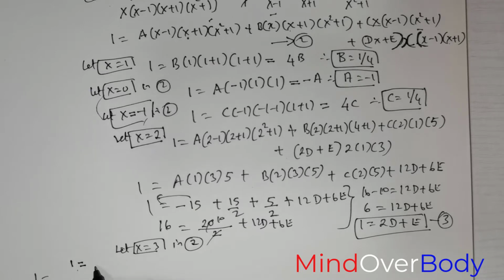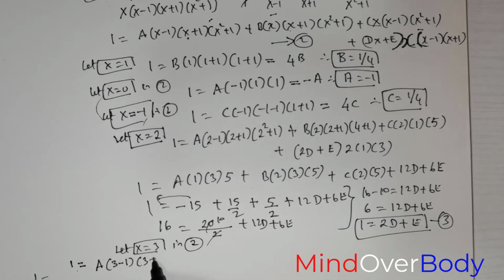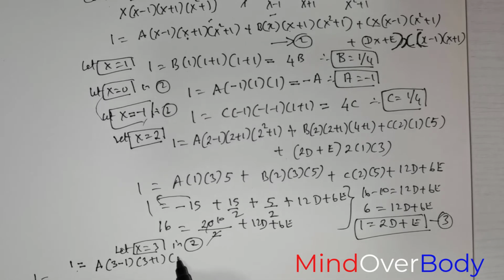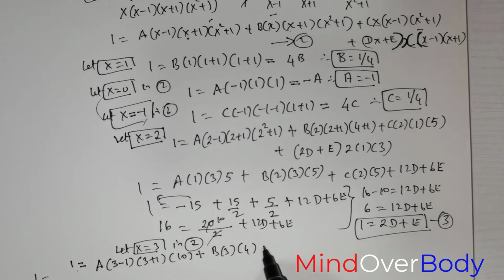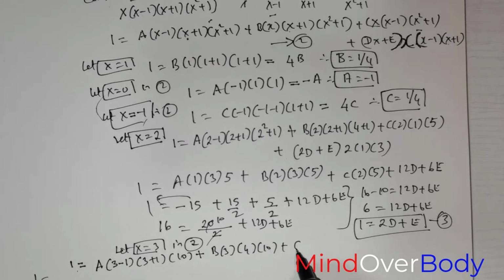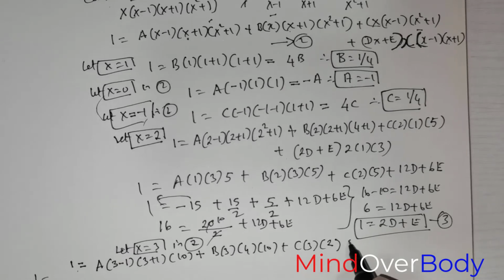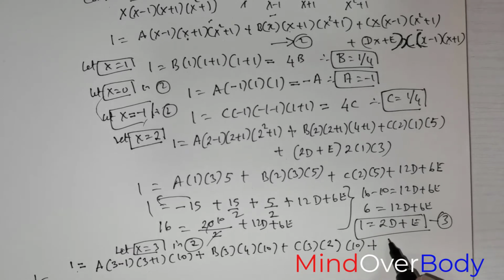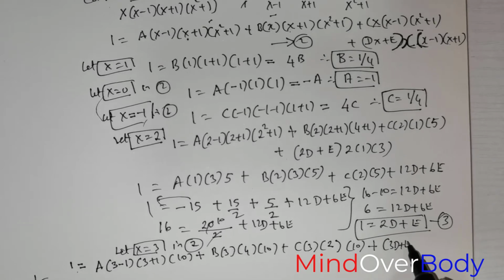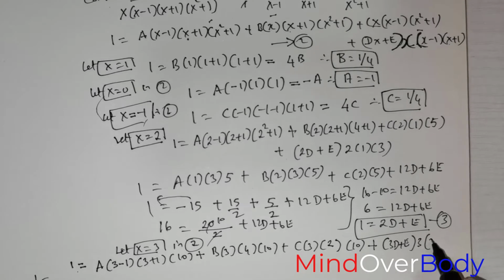So 1 is equal to a of x is equal to 3 - 1, 3 positive 1, 3 3s are 9 positive 1, 10, positive b times of 3, 3 positive 1, 4, and a 10 positive c of 3, 3 - 1 is 2, and a 10 positive 3 times d positive e of 3, and a 2 and 3 positive 1 as 4.